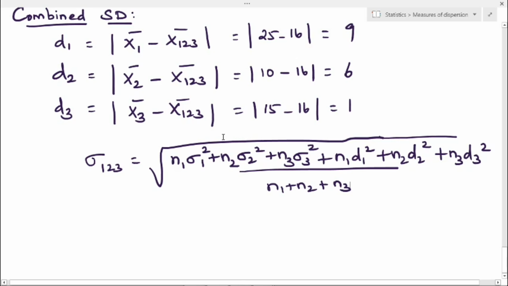Now we will calculate the combined standard deviation, sigma 1 2 3, equal to the square root of n1 sigma 1 square plus n2 sigma 2 square plus n3 sigma 3 square plus n1 d1 square plus n2 d2 square plus n3 d3 square, divided by n1 plus n2 plus n3. Now we will substitute all the values.